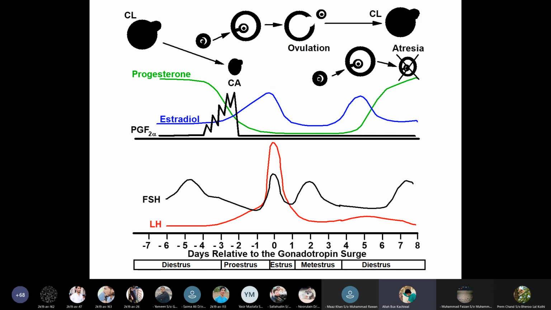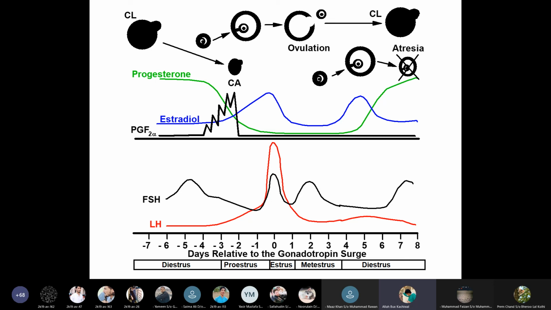So this is the diagram in which I have the diestrus, proestrus, estrus, and metaestrus, and diestrus is shown. The cycle starts from a diestrus and ends at the diestrus.